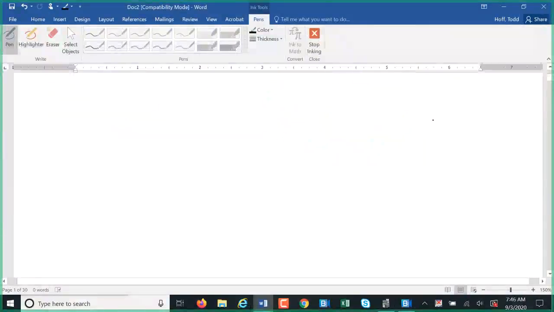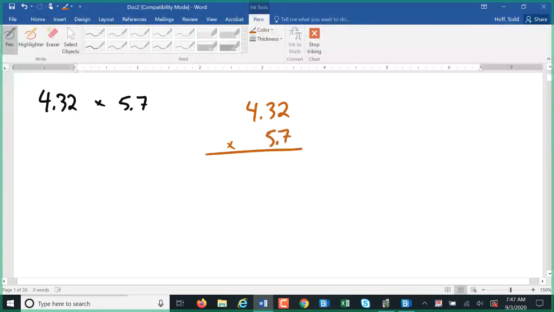Let's do 4.32 times 5.7. Notice when I set that up, I didn't bother trying to line up the decimal point.